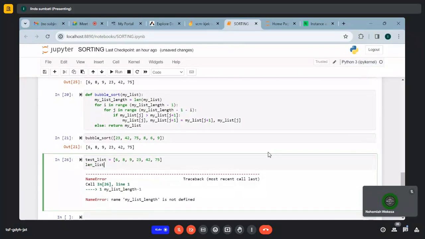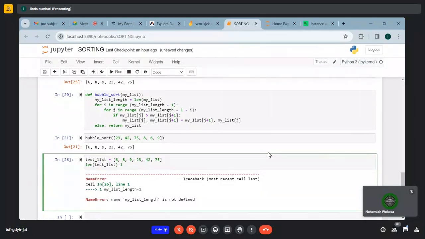Yeah. I know the len of list. I think now it's in brackets. Len, brackets, and then test list. Then -1. Assign it to a variable. Which variable? How do you assign the length of the list to a variable?